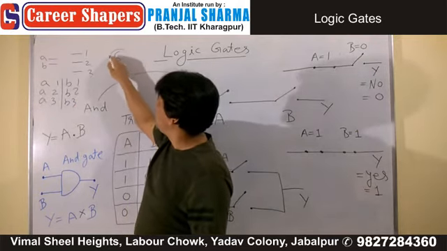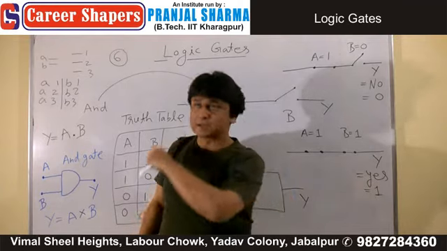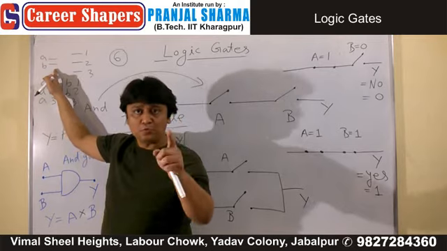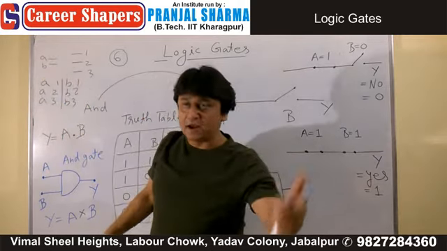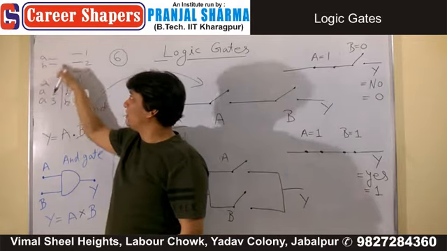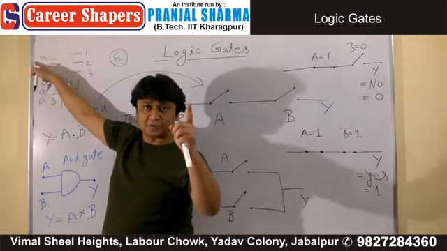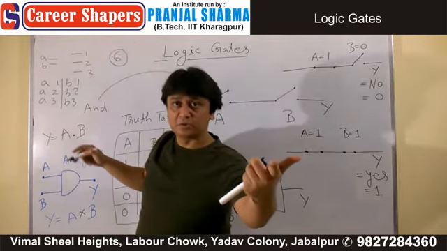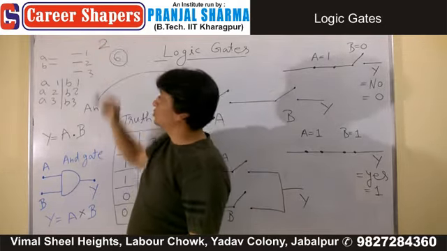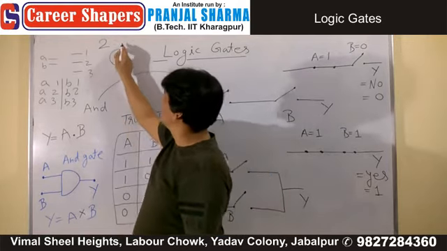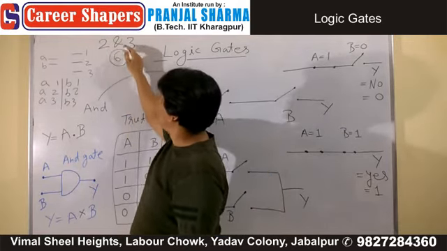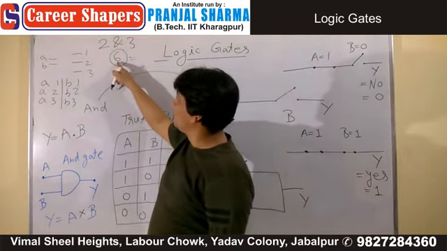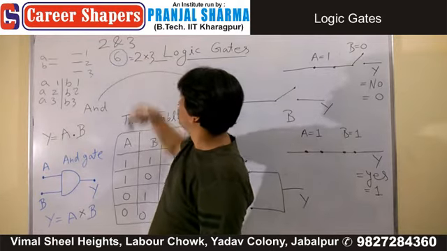So how many possibilities have you got? 6. If you say that initially there are 2 possibilities, and then after you follow these first 2 possibilities, you have to take care of next 3 possibilities also. First, you will take care of 2 possibilities, and then you will take care of 3 possibilities. 2 and 3 will give you what? 6. What is 6? 2 into 3.